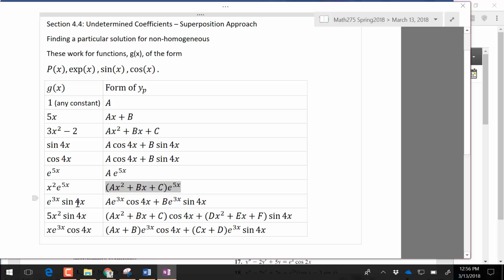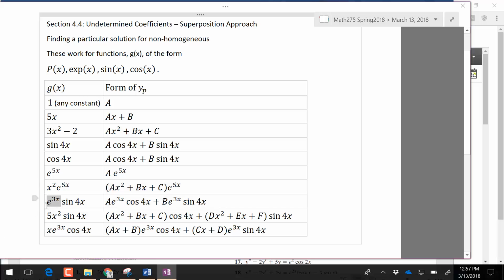With an exponential and one of the trig functions, the trig function comes in pairs, so that's automatically going to generate your other trig function. When I say trig function, I mean sine and cosine, because tangent and some of those other functions are a little bit more complicated, and we cannot find a particular solution based on this concept if you have a tangent. So we'll have to save that for another method.